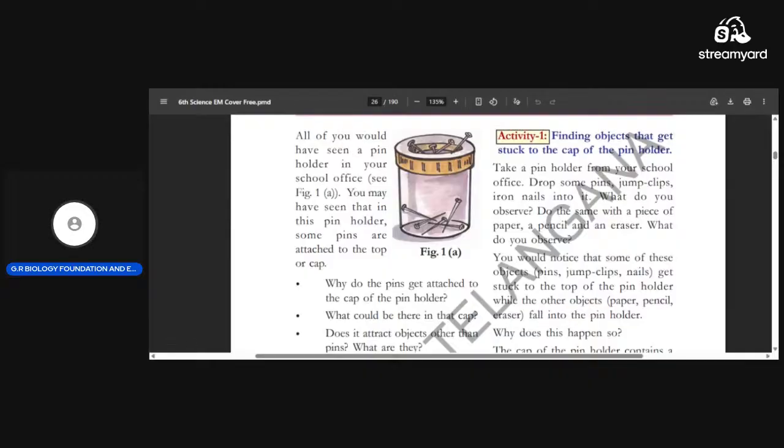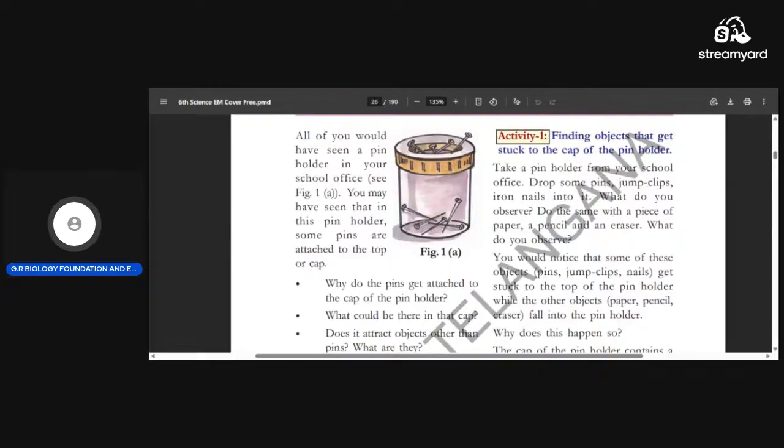What do you observe? Do the same with a piece of paper, a pencil, and an eraser. The first three, pins, jump clips, and iron nails, are made of iron and attach to the cap. The paper piece, pencil, and eraser will not attach because they are not made of iron.